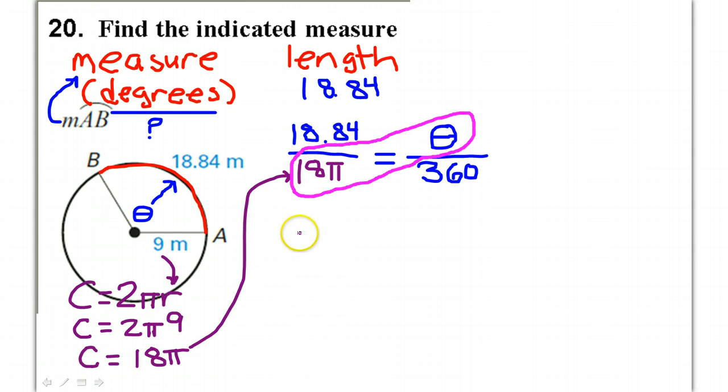And for a minute, I'm just going to go ahead and write 18 pi times theta. I can just leave it like that. Okay, on the other side, I'm going to do 18.84 times 360.